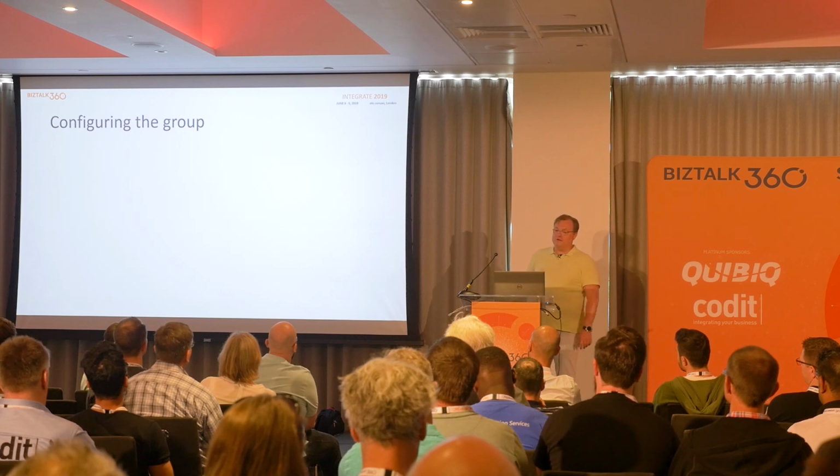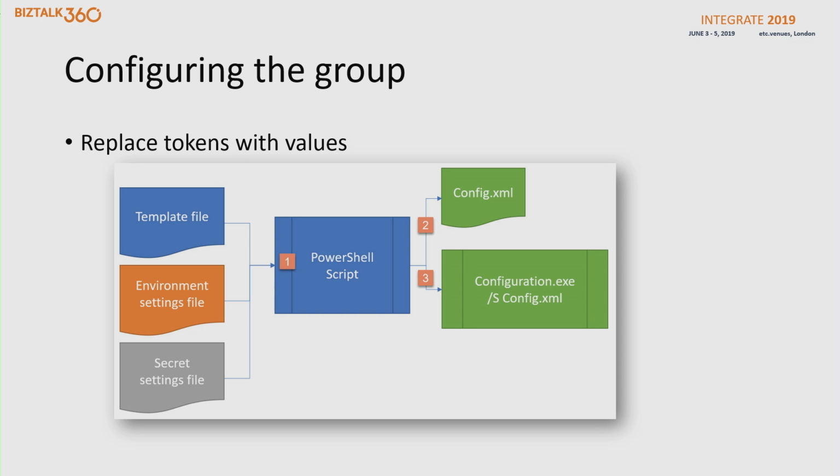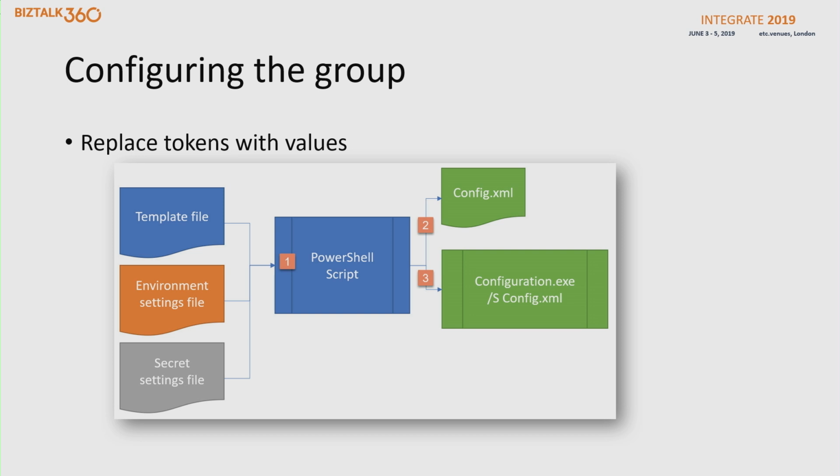So when configuring the group, I take 3 files. I have one, the template file that we looked at now. I have one file that is just the CSV file where I have the tokens and the values and an explanation of what it is, and I replace them. And then I have a secret file, my secret settings, things that I don't want to be out there. And I generally use KeePass.